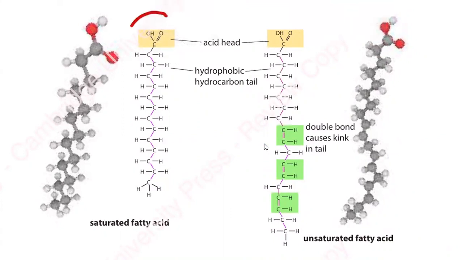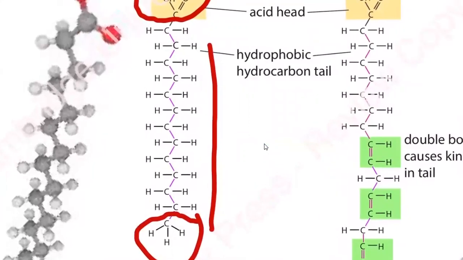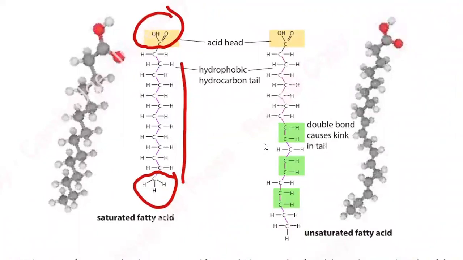Carboxylic acid group, the hydrocarbon chain, and the methyl group. So this chain is a complete straight chain. It doesn't have a kink, whereas this chain has a kink. For example, this chain has one C=H double bond, another, and another. Hence, this is an unsaturated fatty acid and this is a saturated fatty acid.